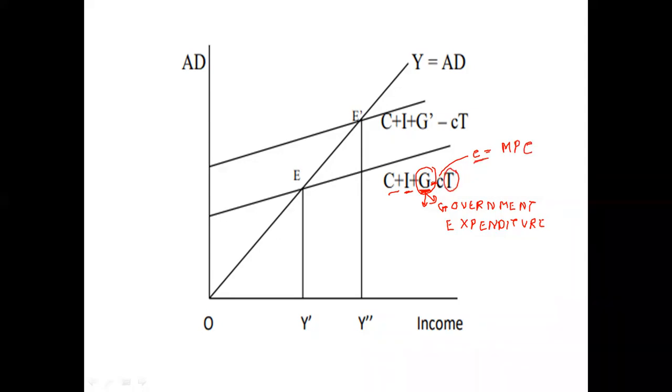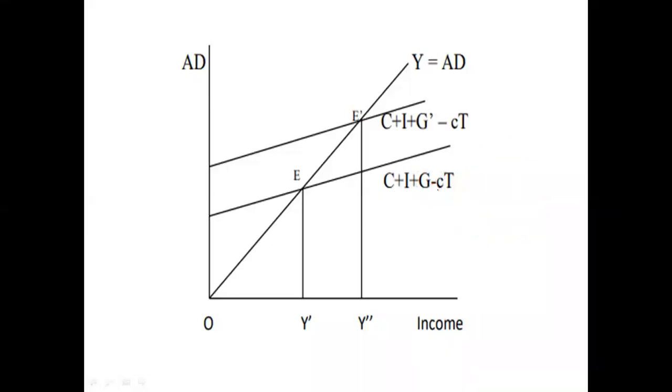Minus cT, because you have to pay the tax, isn't it? You have to pay the tax, so it is minus cT as you see in this formula. Therefore, marginal propensity to consume times taxes, c into T. It is minus because the tax comes from your hand and you have to give it to the government.